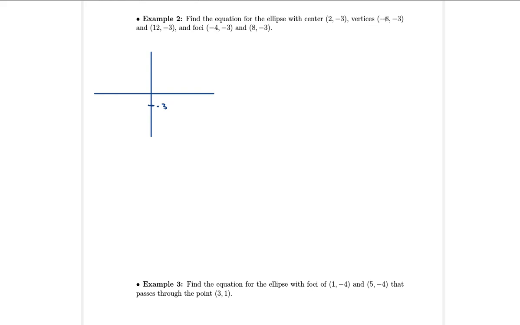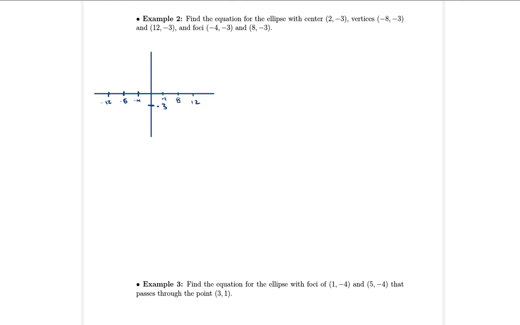So it looks like the smallest one's -8, and the largest one's 12. So let's go ahead and count by 4s. So we'll call this -4, -8, -12, and then 4, 8, 12.